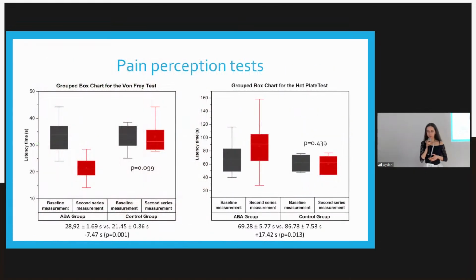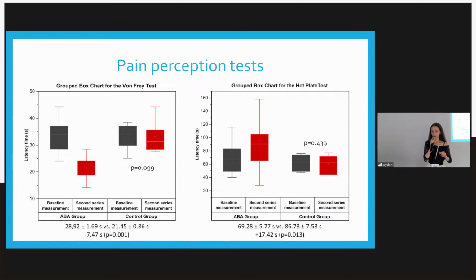As for the pain perception tests, we observed the decrease in latency time in the von Frey tests, which means that the pain threshold for mechanical stimuli decreased in the ABA group, with no such differences in the control group.